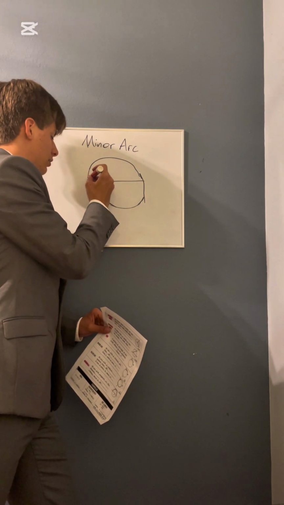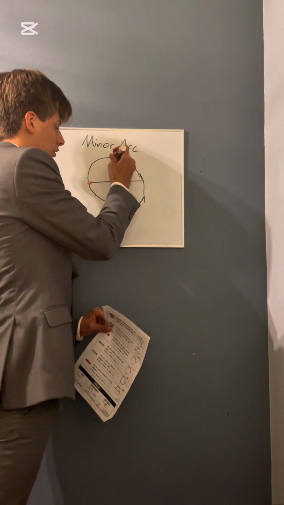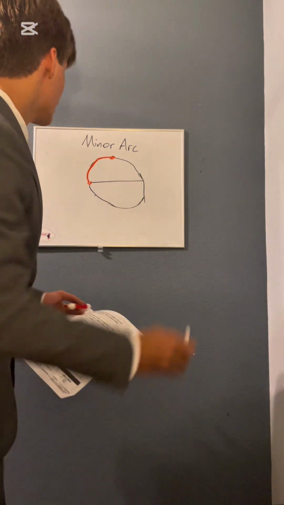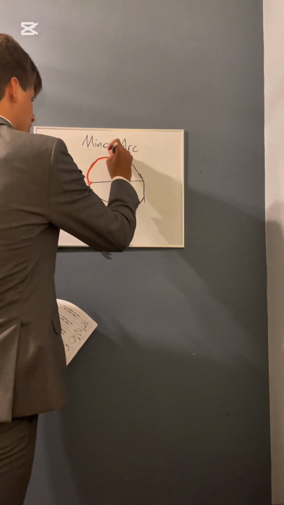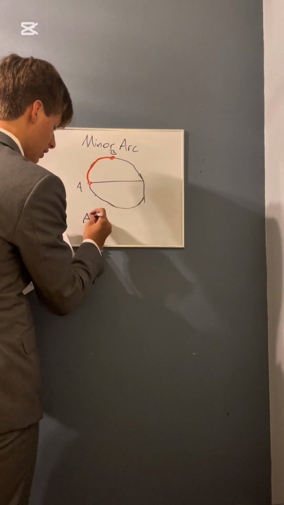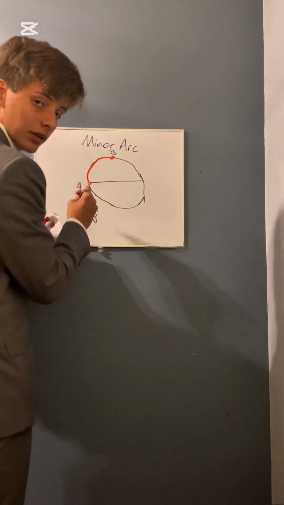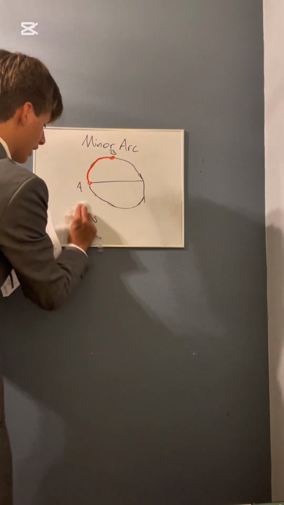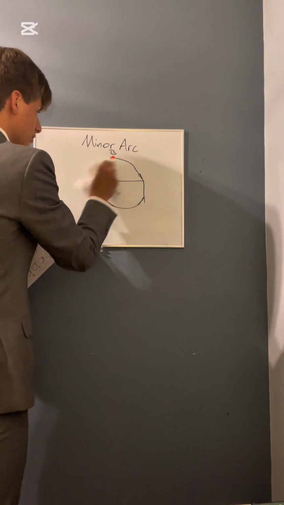Like here to here is a minor arc. It is signified by 2 endpoints. Let's call this point A. Let's call this point B. You would write it by putting A, B, with a little line over it, like a little half circle right there. Okay. That's minor arcs.